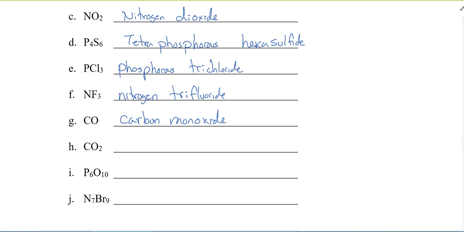And I dropped an O there. If you don't drop the O, I'm not going to kill you. Monoxide would be fine. It's carbon monoxide, but if you write down carbon monoxide, I'm okay with it because I understood what you're saying.